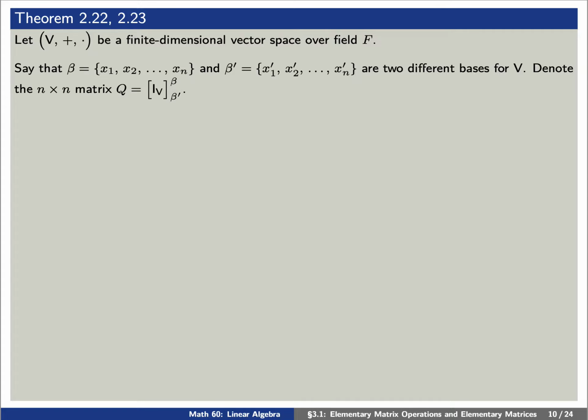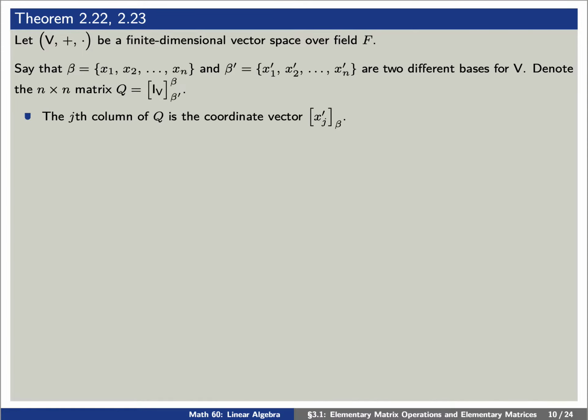We have the following theorem that explains how to relate two different bases, let's call them beta and beta prime. Let's denote by Q the matrix representation of the identity map as we go from the basis beta prime to the basis beta.